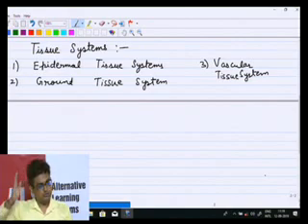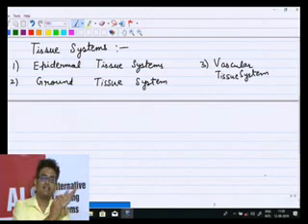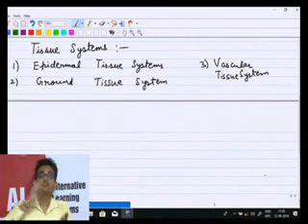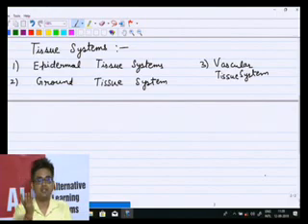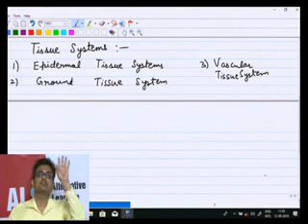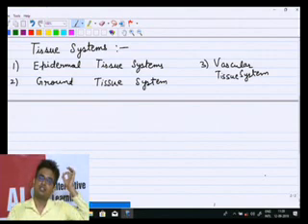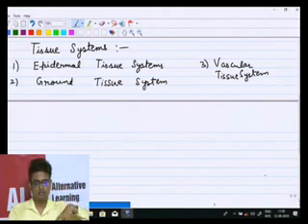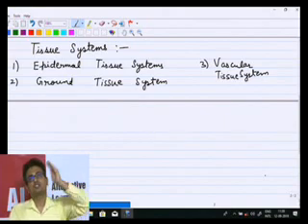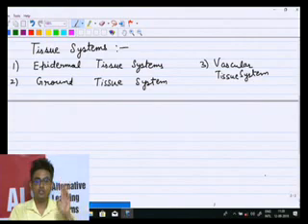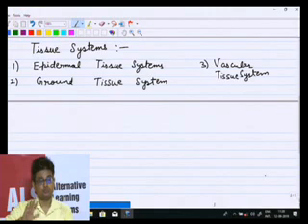So epidermal tissue system refers to the outer covering, that thin layer which covers the outside of any plant organ, whether it be root, stem, leaf, fruit, seed, flower, or meristem.